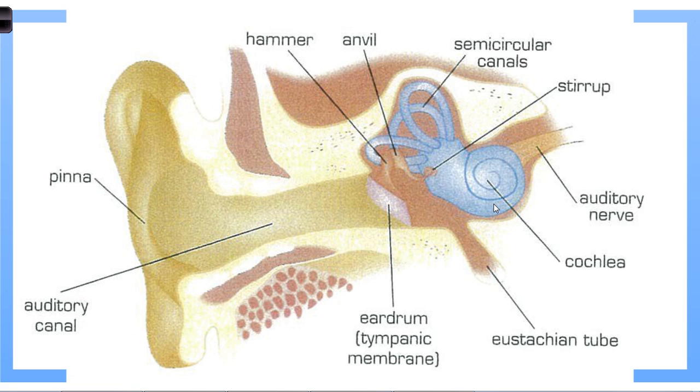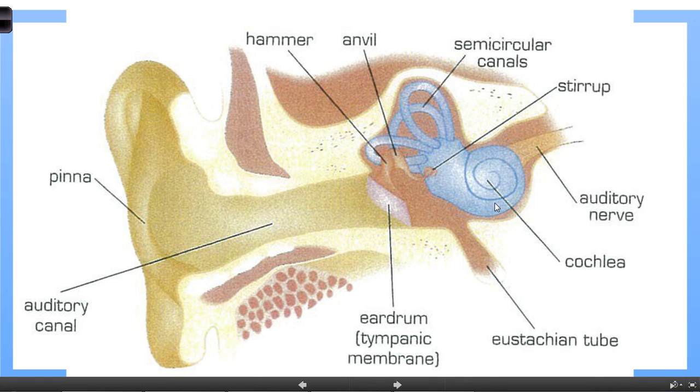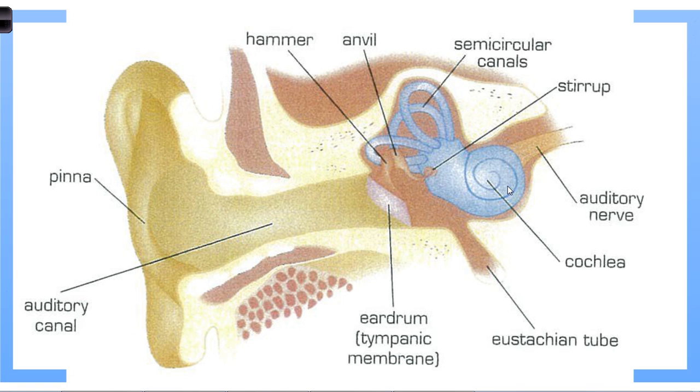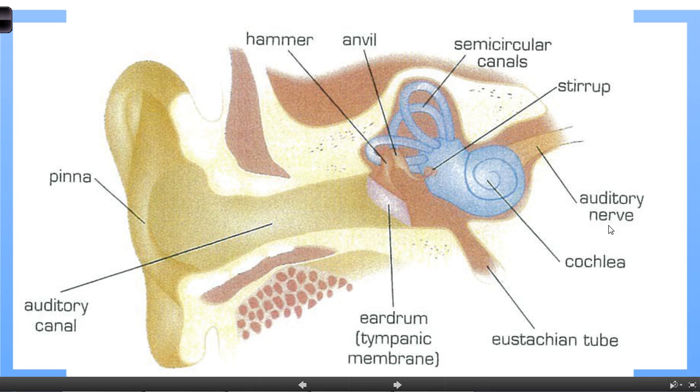It senses, in this case, the sound waves, those vibrations, and that causes fluid in here to move slightly, and causes slight little projections on the cells to vibrate, and causes them to trigger an electrical impulse that goes out the auditory nerve here.